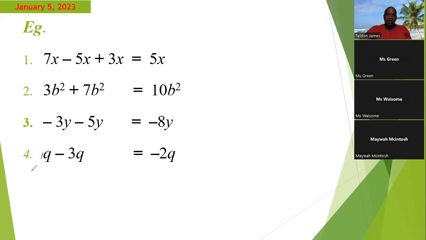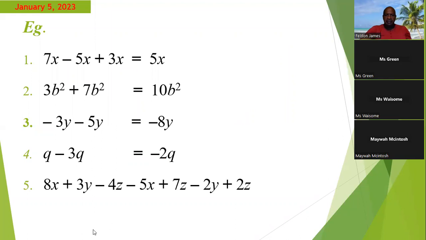So this would be 1q minus 3q. So you would now have a +1 and a -3. Take away 1 from 3 and keep the sign of the larger one. It becomes -2q. Everybody should be good with all of what I've explained.